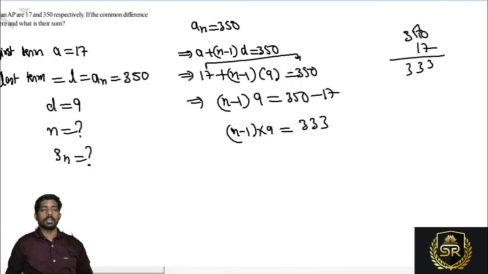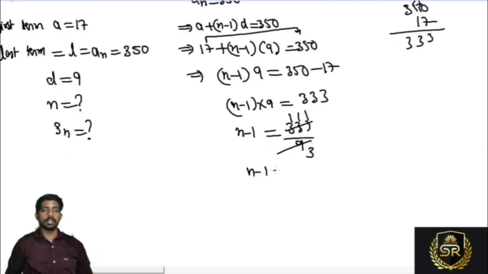So (n − 1) into 9 = 333. Now 9 goes to the right hand side: n − 1 = 333 by 9. 3 threes are 9, so n − 1 = 111 by 3.